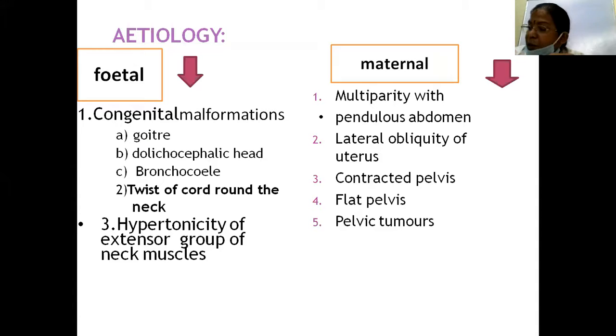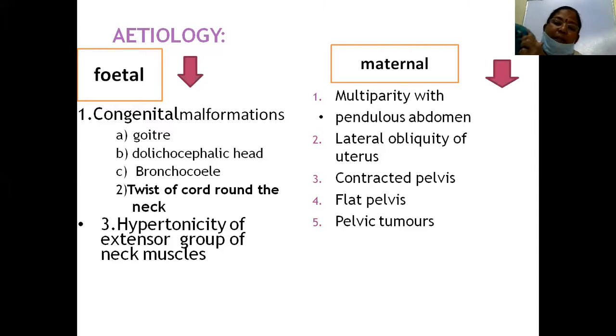Any congenital malformations, or anything in the fetal neck which prevents the flexion of the fetal neck, like a goiter, a dolichocephalic head, a bronchocele, any neck tumors, or multiple loops of cord around the neck, which prevent the flexion attitude.